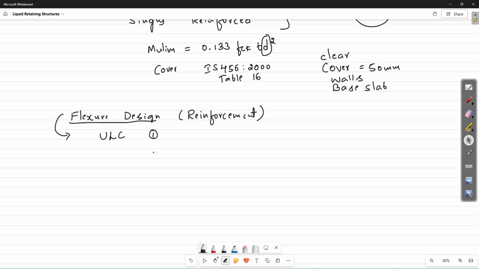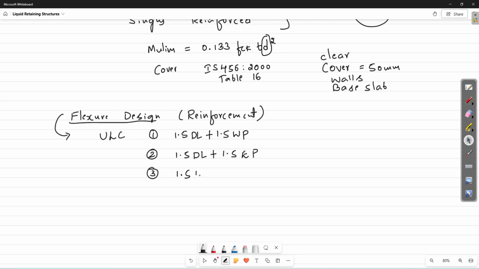So you have three ultimate load combinations. First is 1.5 dead load plus 1.5 water pressure. Second will be 1.5 dead load plus 1.5 earth pressure.